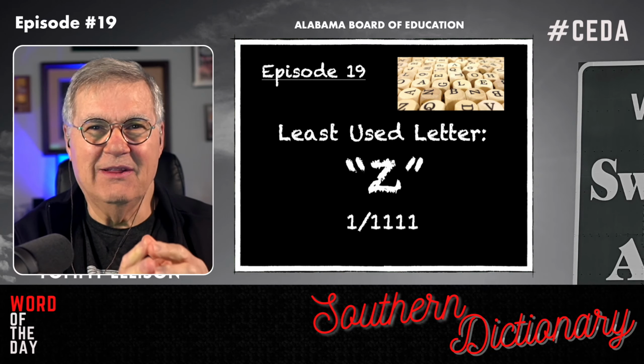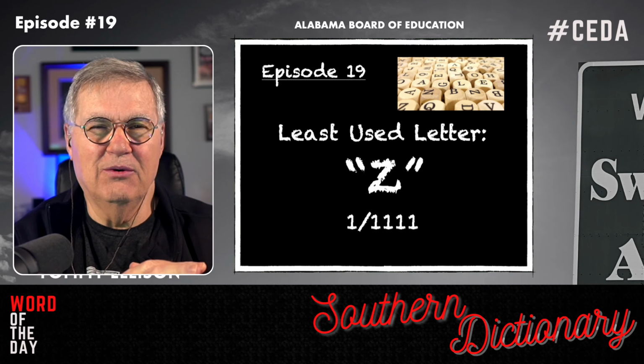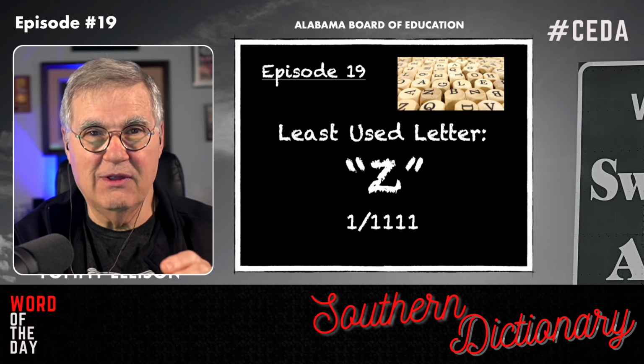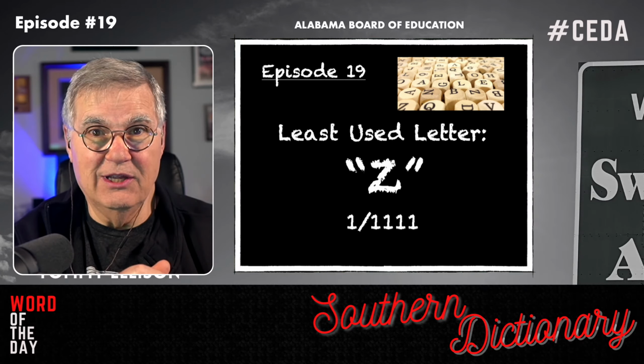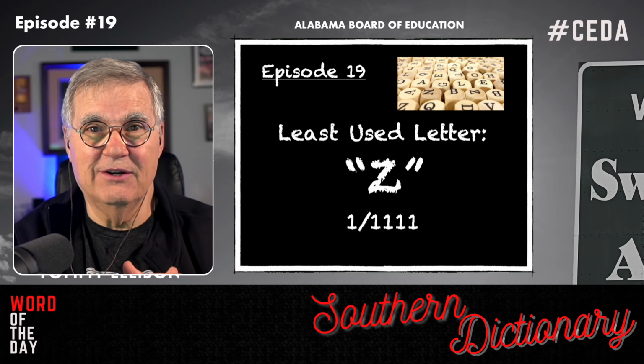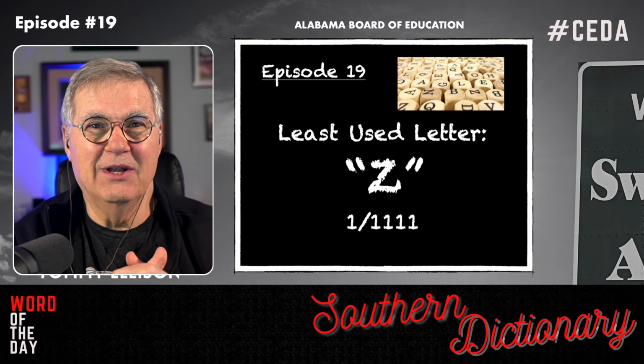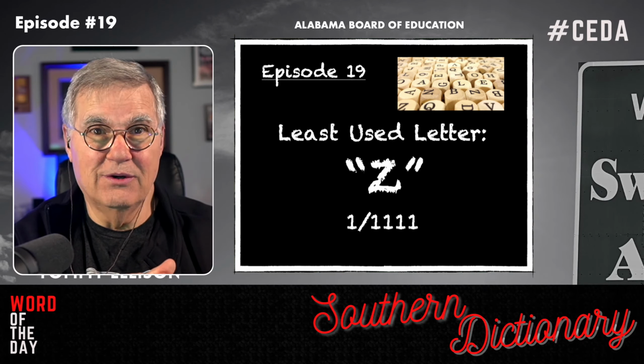So he listed the most frequently used letters, but of course he went all the way through the alphabet so that you could see the least frequently used. The least used letter was the letter Z, one time in every 1,111 words.